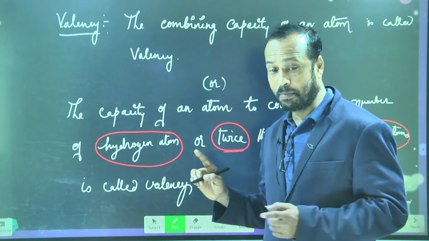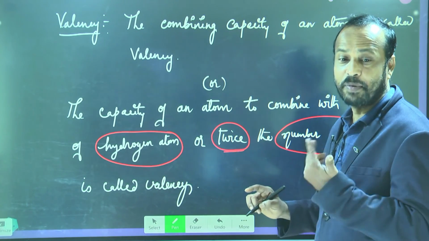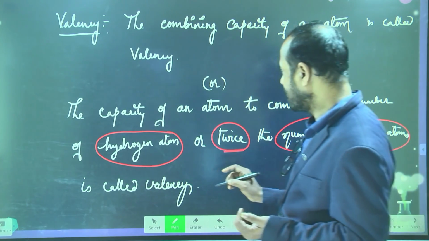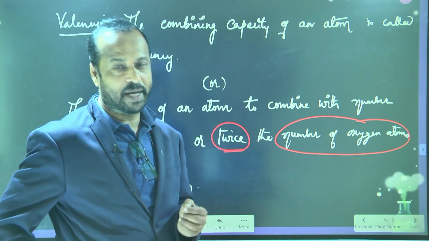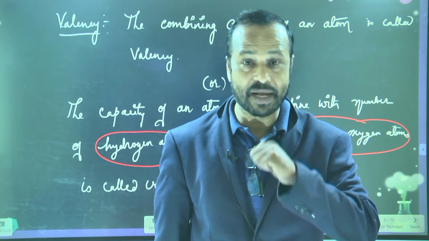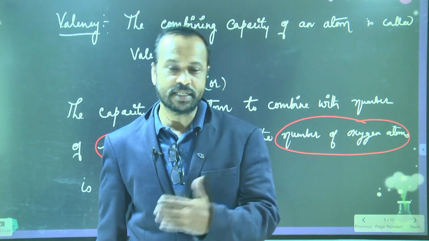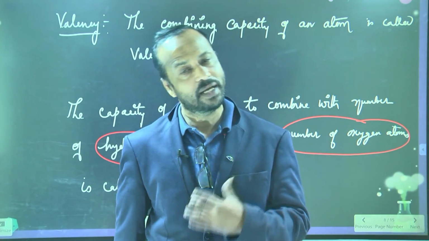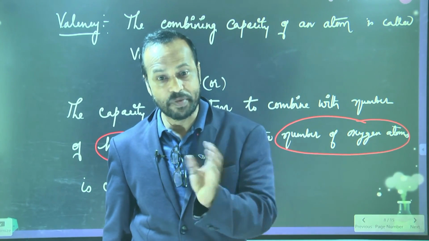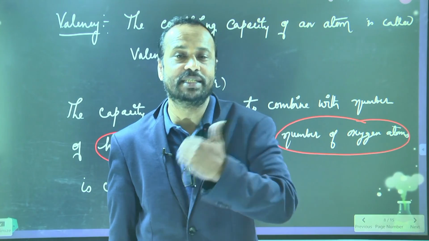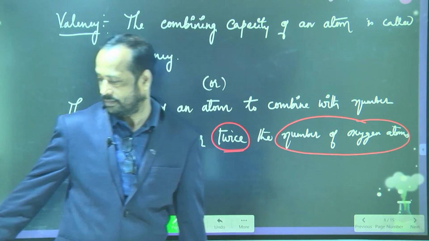If an element is combining with 2 oxygens, then 2 twos are 4. So when you consider oxygen, its valency becomes twice the number of oxygen atoms. If you are considering hydrogen, it is the same number. Is this clear to you?